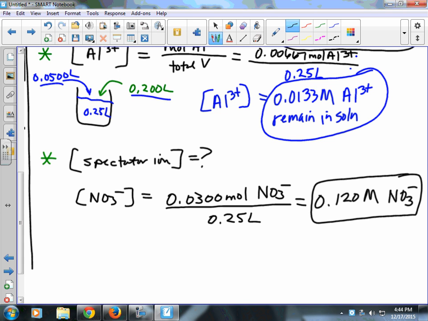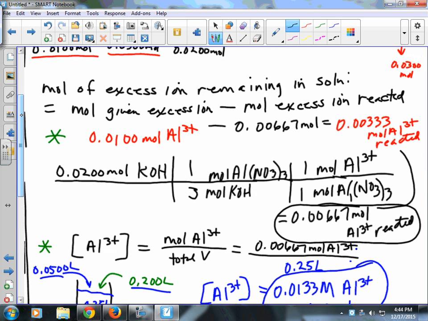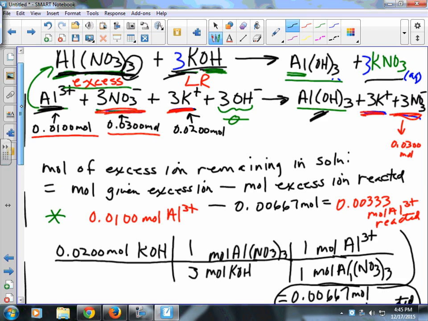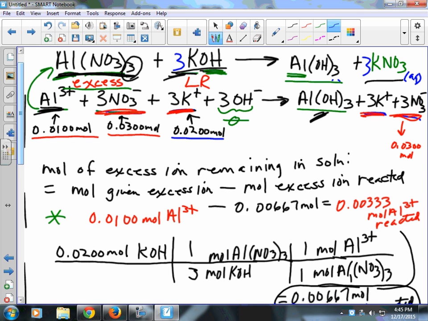Okay, our other spectator was the potassium ion. So the concentration of that. Okay, let's go back and inspect. We started out with 0.02 moles of potassium ion given. It did not react. It's still there. We still have 0.02 moles of potassium ion.